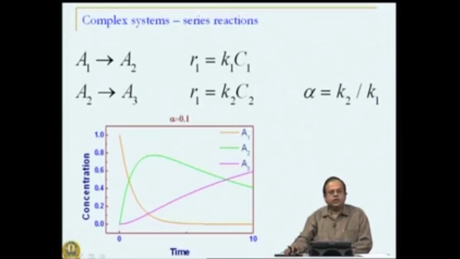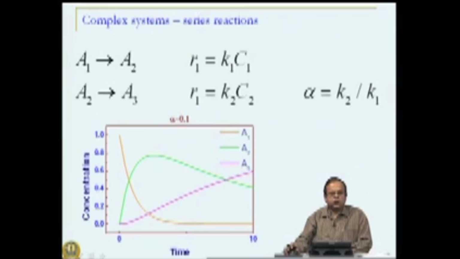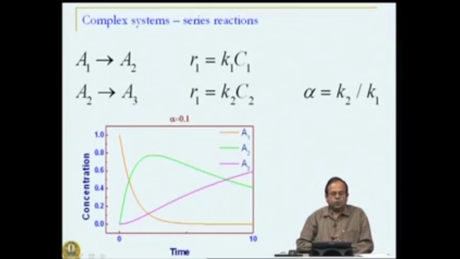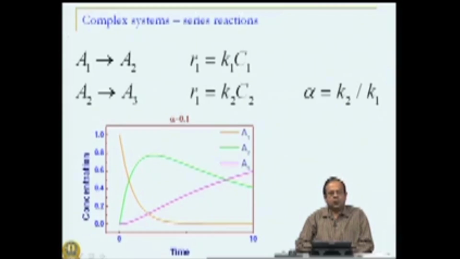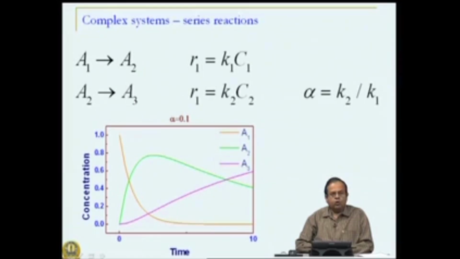Let us continue our discussion with such simple prototypes, but this time let us take the example of a series reaction. So, we have 2 reactions, A1 going to A2 and A2 going to A3, both proceeding at rates R1 and R2.